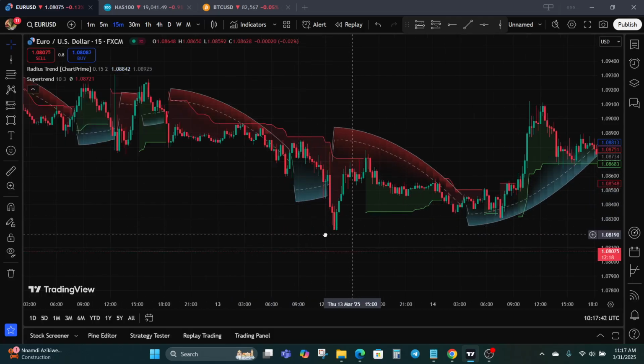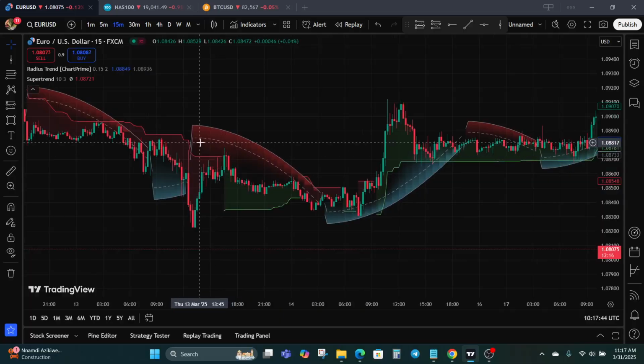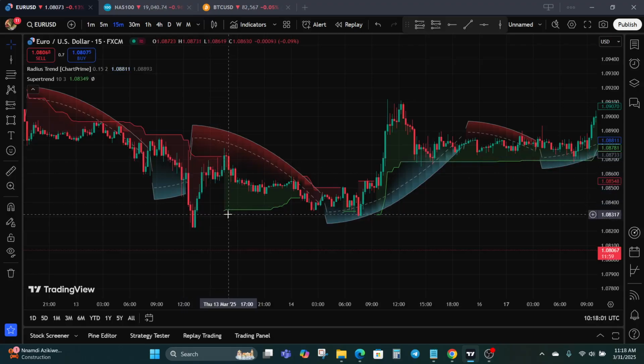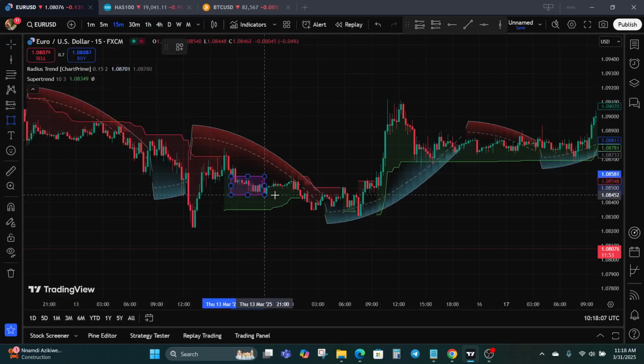And then here again, we had a signal from the radius trend, and the super trend ended the sell signal around here and gave a buy signal around here, even though the price action was consolidating.